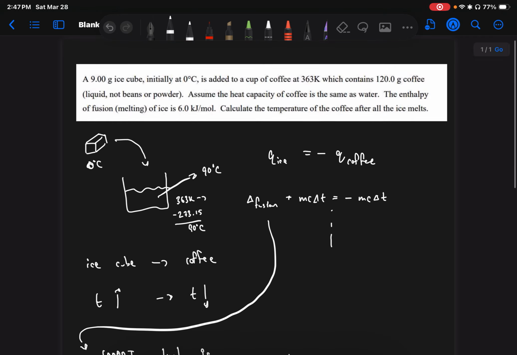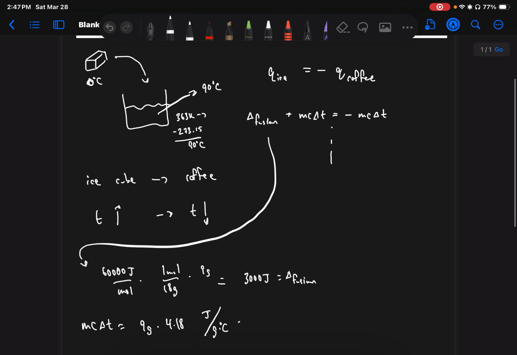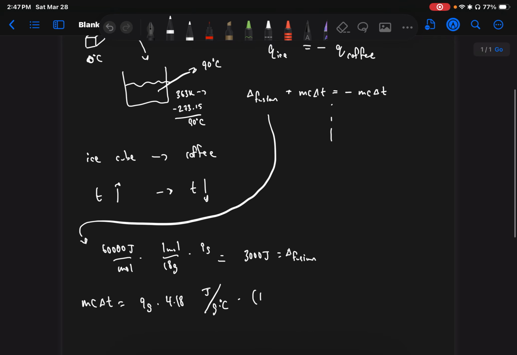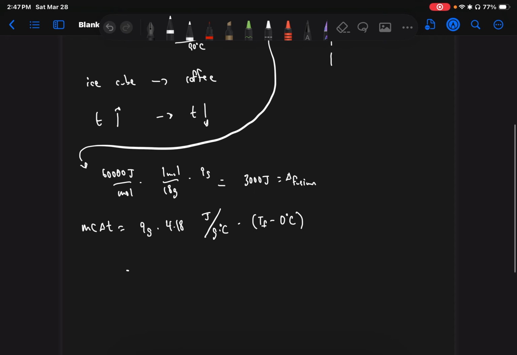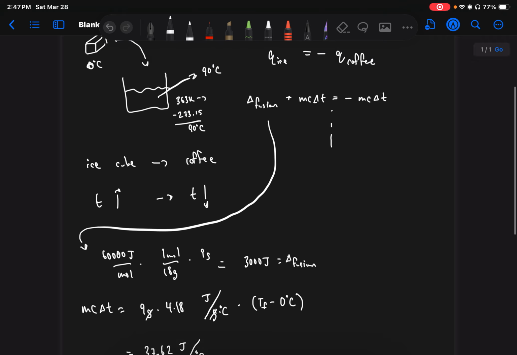What is the initial? 0 degrees, so it's TF minus 0 degrees Celsius. So what's 9 times 4.18? 37.62 grams. Units might be a bit tricky on this part.